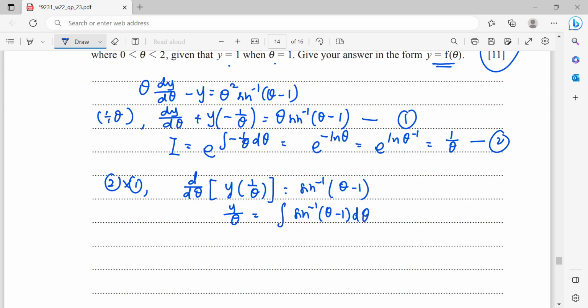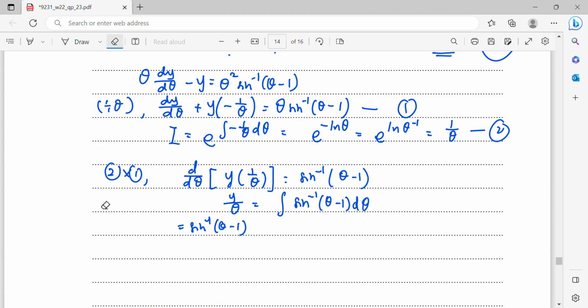To integrate inverse sine, we need to apply integration by parts. Let u equal inverse sine of theta minus 1, then dv over d theta is 1.